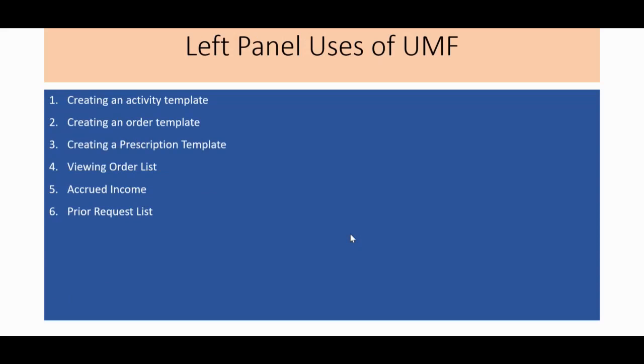Besides using the very basic use cases, you can soon become an advanced user, when you learn how to create an activity template, an order template, or a prescription template. You can also let your associates view the order list, you can see your accrued income, and you can also see the prior request list.